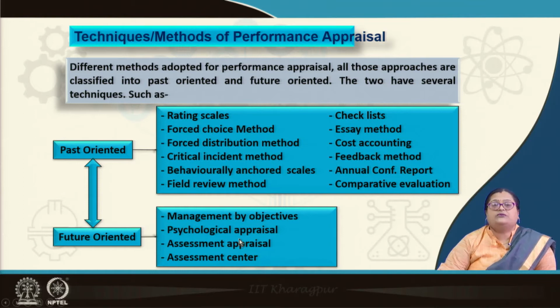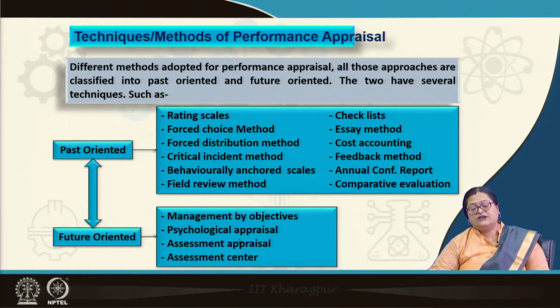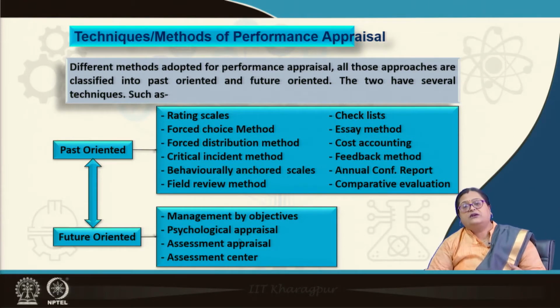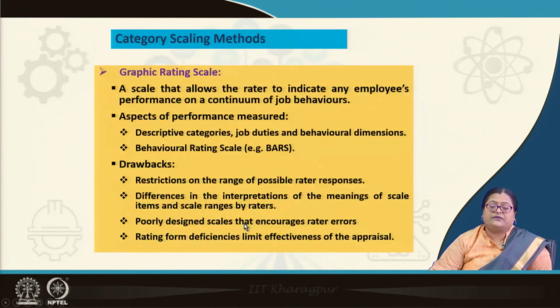In future oriented methods, there are methods like management by objectives, psychological appraisal, and assessment center. In the next discussions, we may not get the time to discuss all these methods in detail, but we are going to choose a few of the important methods and discuss them in detail. So let us move ahead.